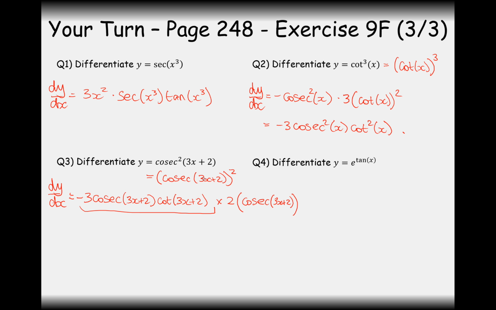So it's effectively differentiated to 2g x. And then putting this back together, it's going to be minus 6 cosec squared 3x plus 2 times cot 3x plus 2. So in this case here, differentiating the inside function first got me this far, differentiating the outside function got me this part, and then the final answer mocked up is this thing here.